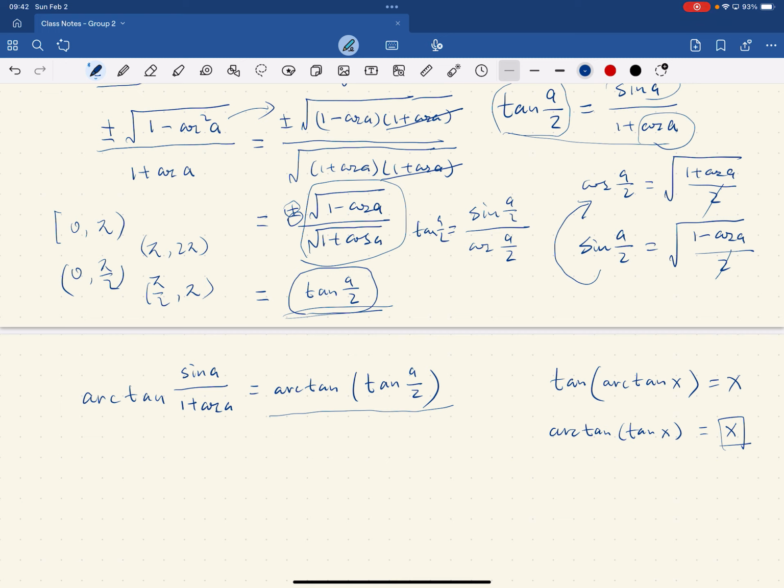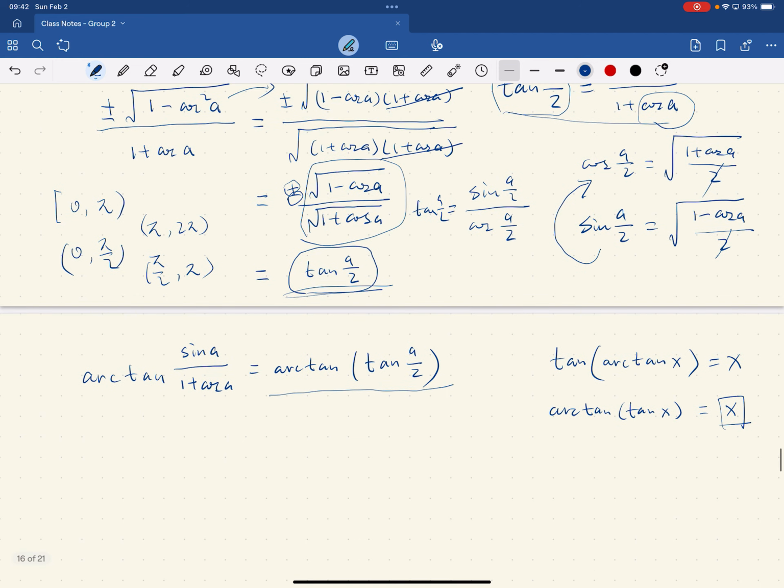So then we have to look at where they are. When a is within this range, 0 to pi, then a over 2 is within this range.